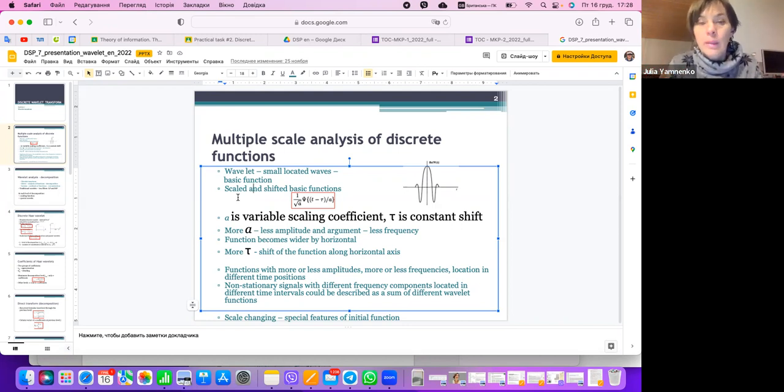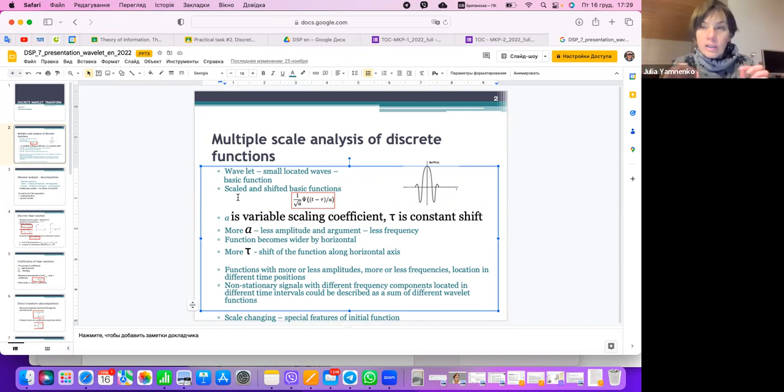It means that this analysis is an instrument to analyze the function at different scales, in order to be able both to consider the very small details in the function, but also to consider the function as a whole and its behavior.